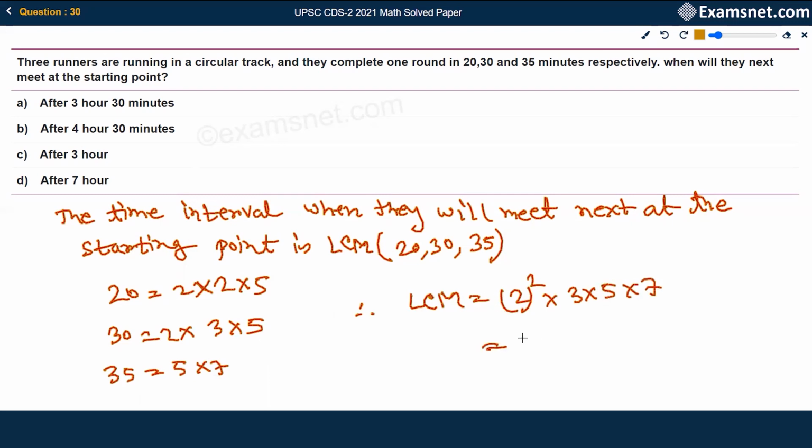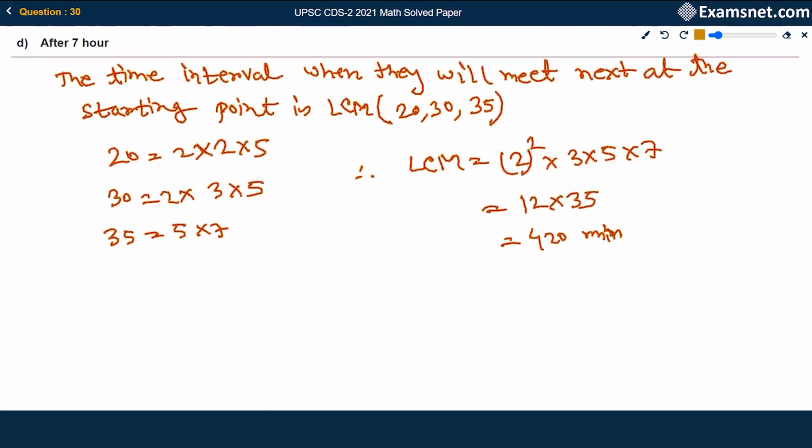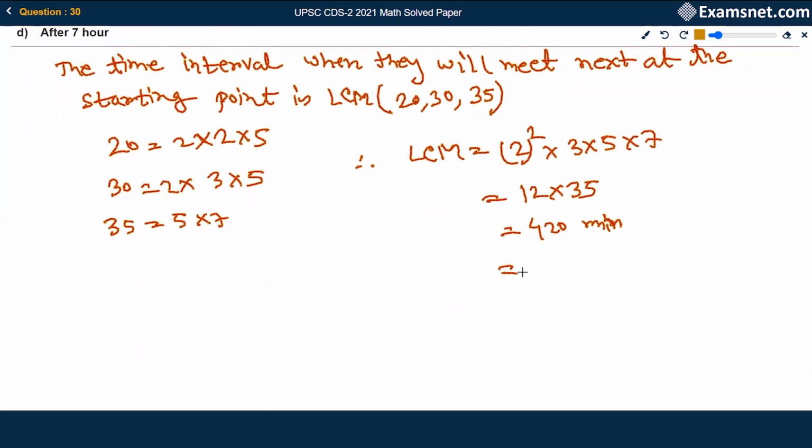So we can write 12 times 35, that will be 420 minutes. So we can convert it into hours and minutes. After dividing 420 by 60, we will get 7 hours. Hence all 3 runners will meet after 7 hours at the starting point.